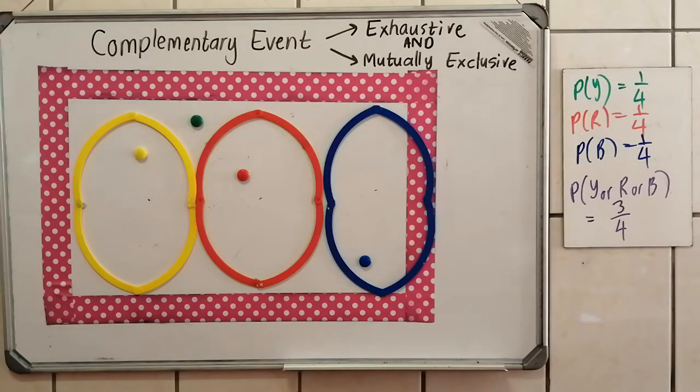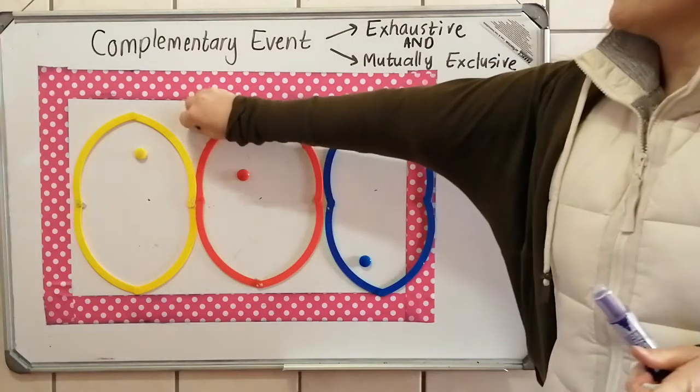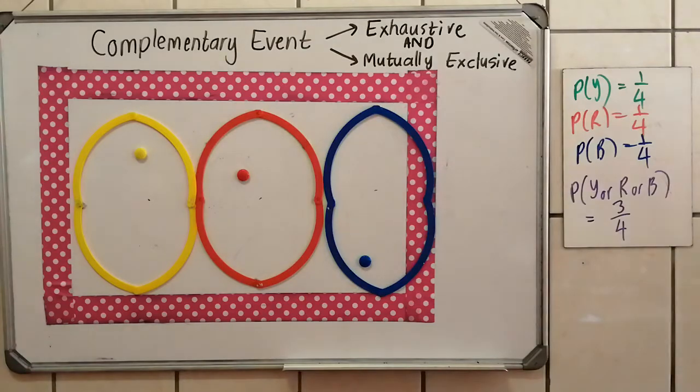So when would it be exhaustive and mutually exclusive? If I removed green from my sample space and I was just left with this. My probability of getting yellow would then become 1 over 3. My probability of getting red would become 1 over 3. And my probability of getting blue would be 1 over 3.